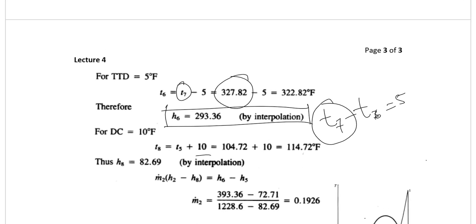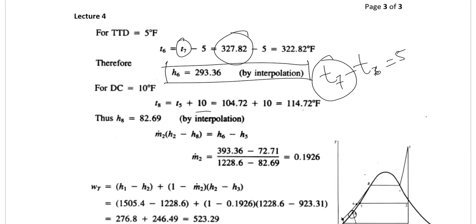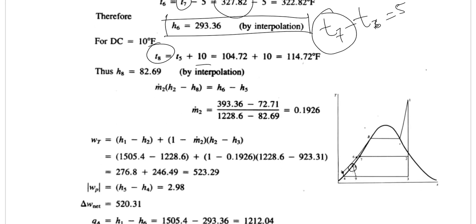Now T5 was 104.72, add 10 to it, and then you can find T8. Once you have T8, go to the saturation temperature table and find the value corresponding to 114.72. Obviously you would need some interpolation. Find the enthalpy, which is the enthalpy at H8.